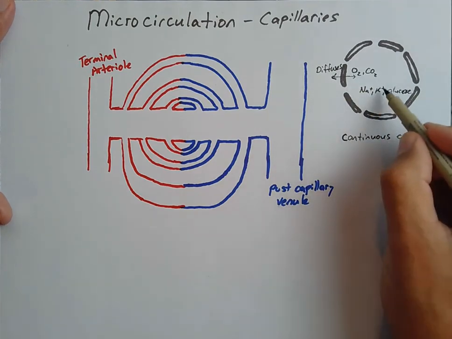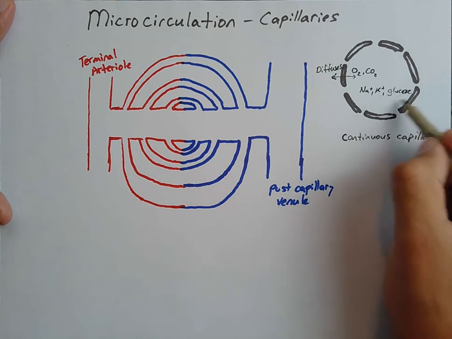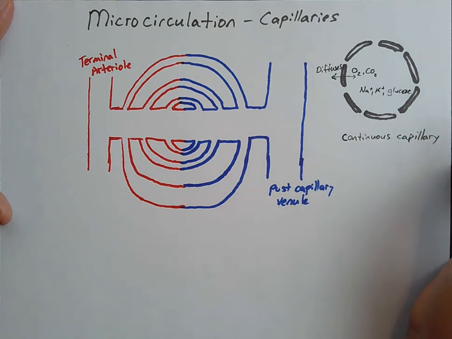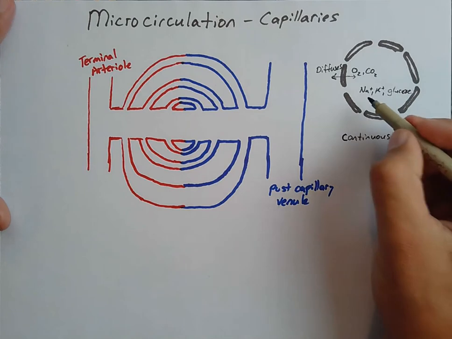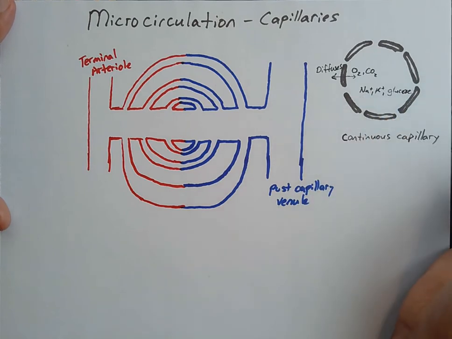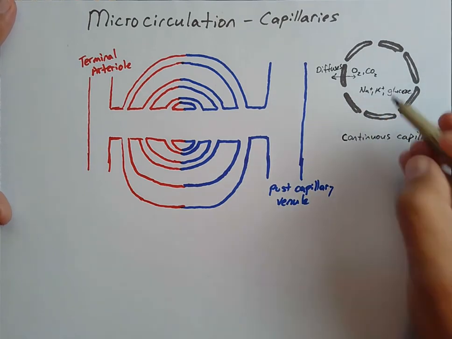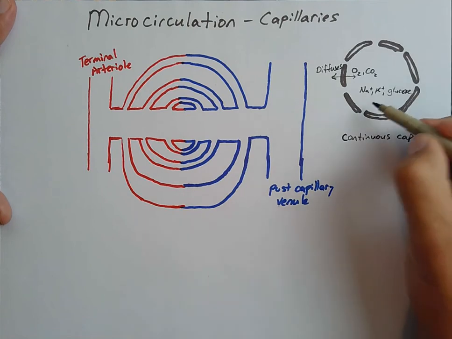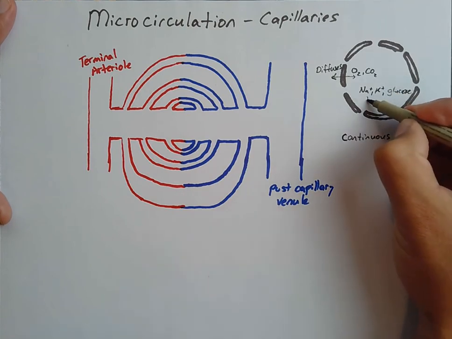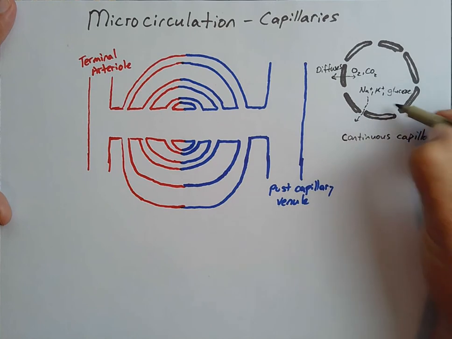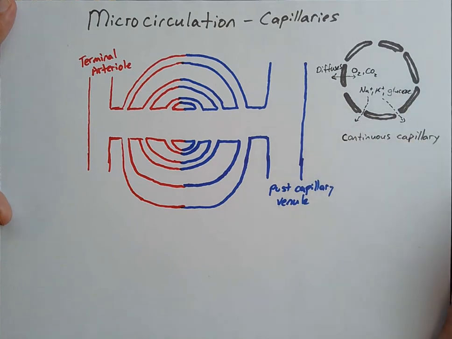But things that are charged and molecules that are polar, like amino acids and glucose, they can't just diffuse through the cell membrane. So they're going to need another way to do that. And that's what continuous capillaries are all about, because now this material can simply pass through these cracks. Okay, we're going to see how it's going to get pushed through these cracks.